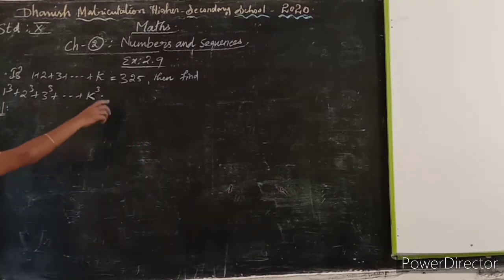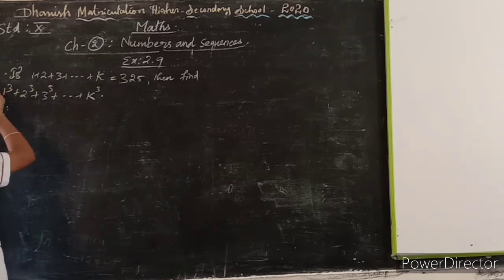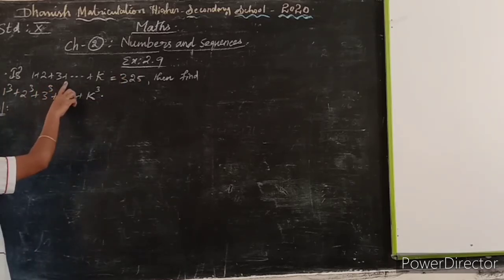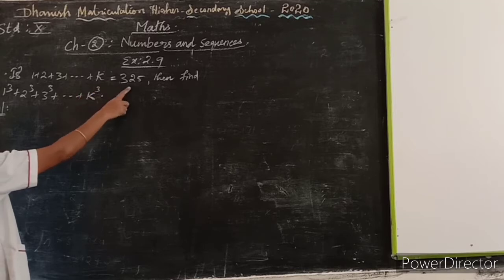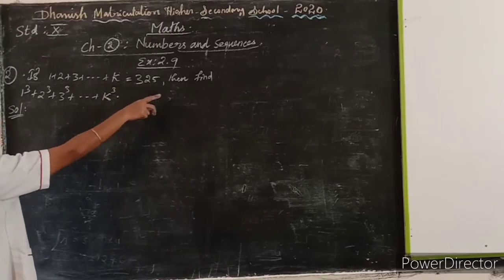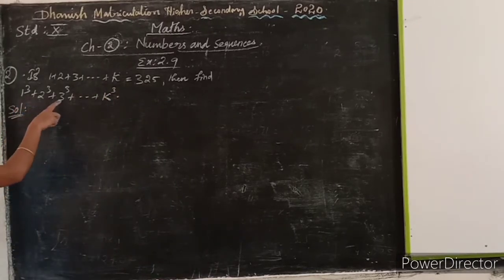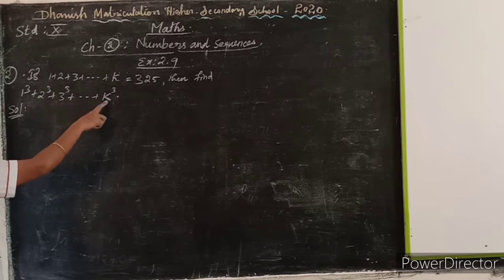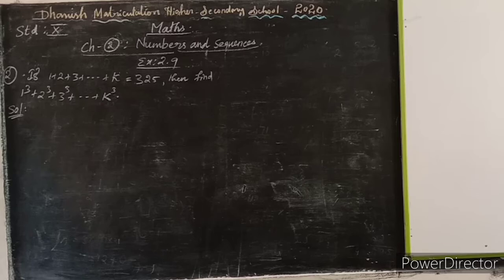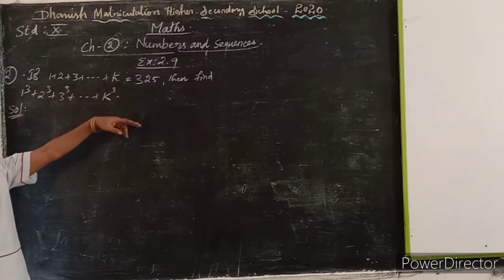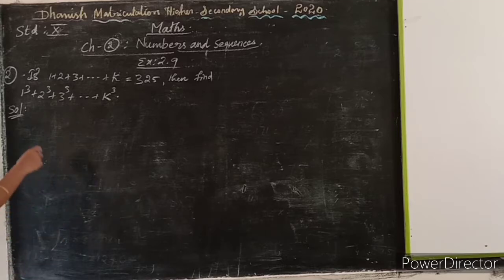Now from exercise 2.9 question number 2. If 1 plus 2 plus 3 plus etc. up to k is equal to 325, then find 1 cube plus 2 cube plus 3 cube plus etc. up to k cube. We know the formula for the sum of first n natural numbers: 1 plus 2 plus 3 plus etc. up to n is n into n plus 1 by 2.